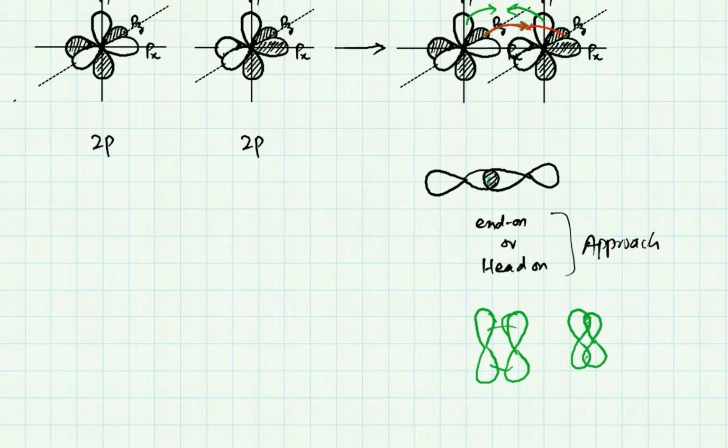There is much overlapping in the head-on case; here is partial overlapping. Similar is the case with pz orbitals. This one is called the sideways or side-on approach.